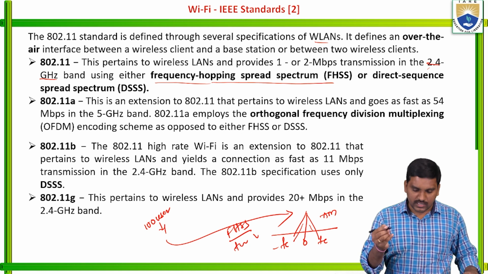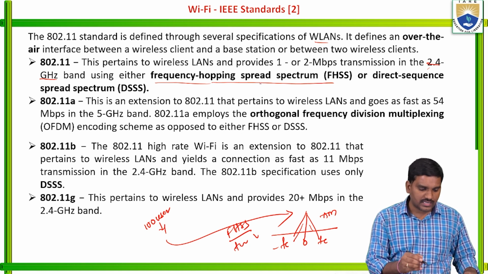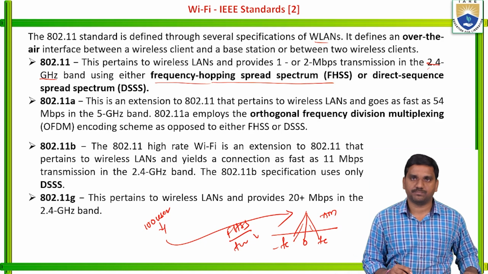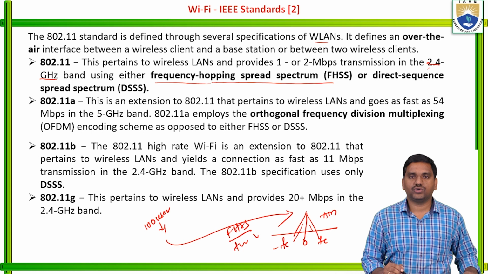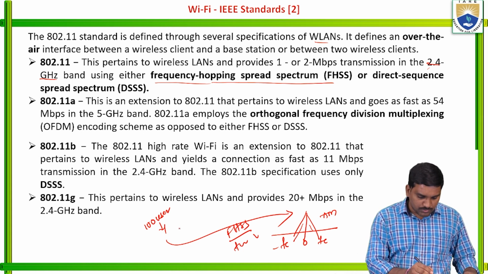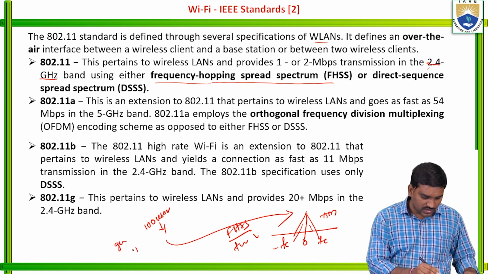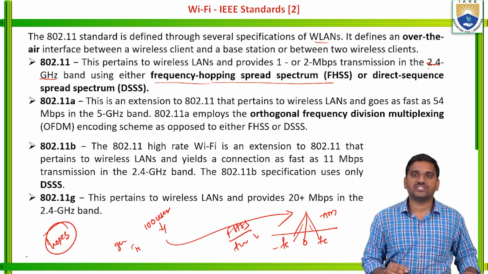Based on that, the concept is frequency hopping spread spectrum or direct sequence spread spectrum. These two concepts come under 802.11. In frequency hopping spread spectrum, the transmission goes between frequency hops.